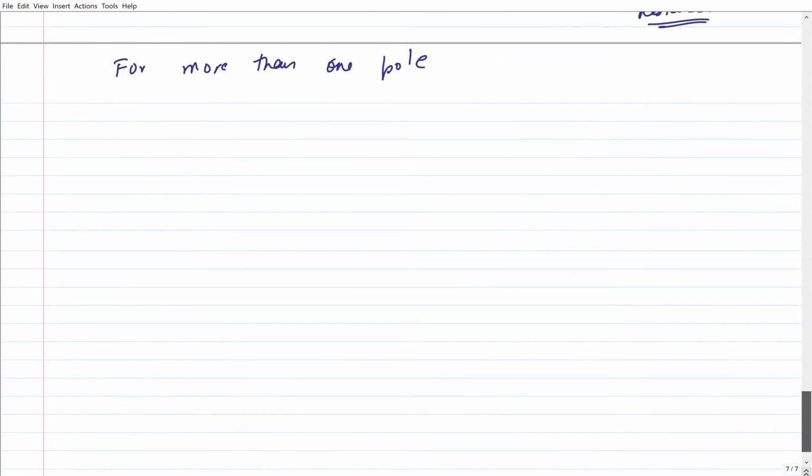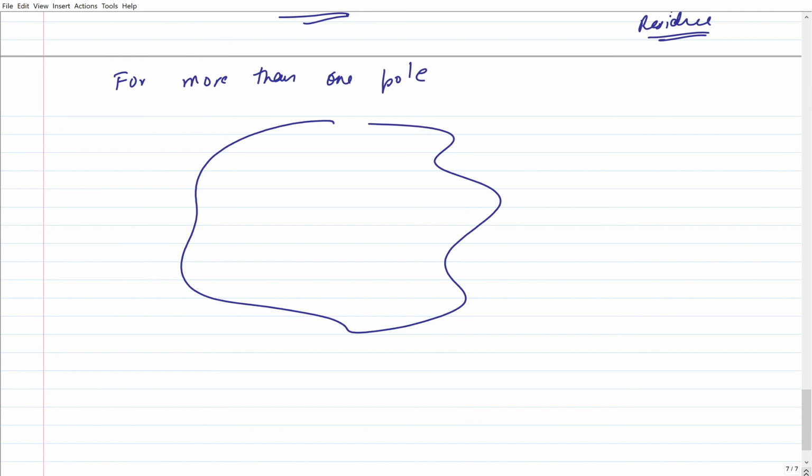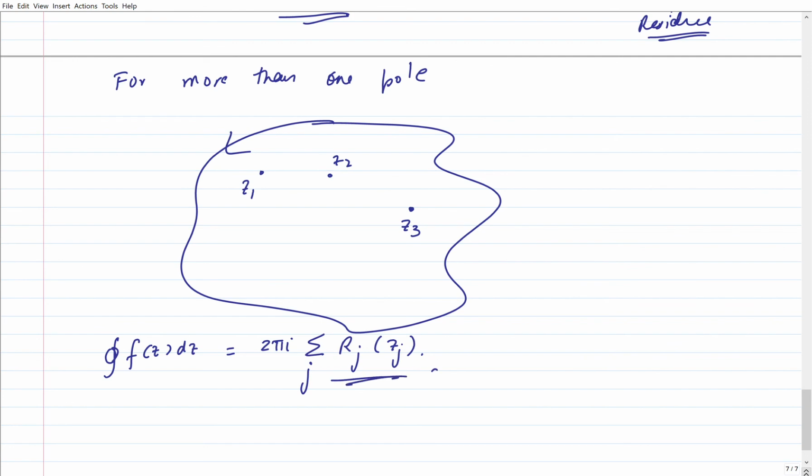Consider a contour with many poles, z1, z2, z3, and so on. The integral is going to be 2 pi i times the sum of all the residues associated with the poles.